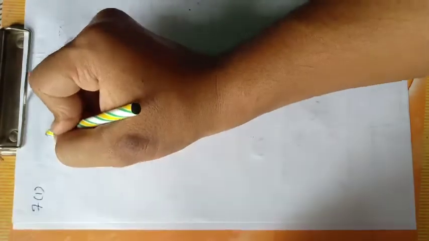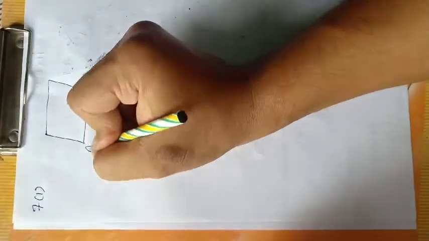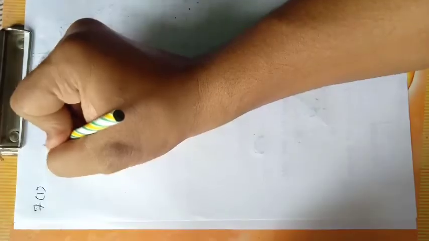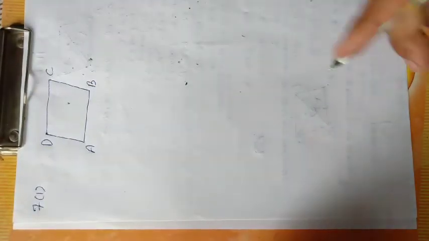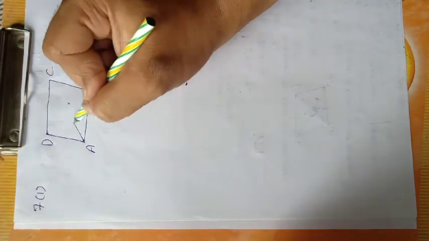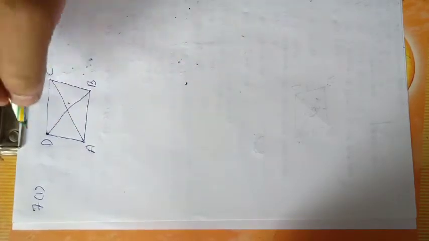Now question number 7. The diagonals of a parallelogram intersect at O. A line through O intersects AB at X and DC at Y. Prove that OX equals OY. Suppose this ABCD is a parallelogram, and according to the question the diagonals intersect at O, this is the line.